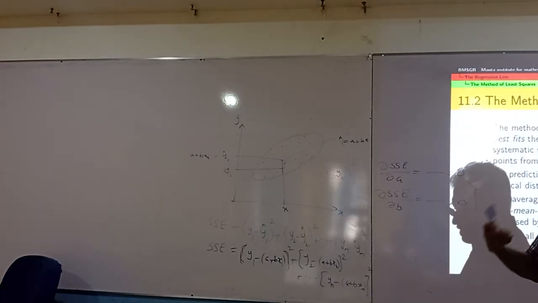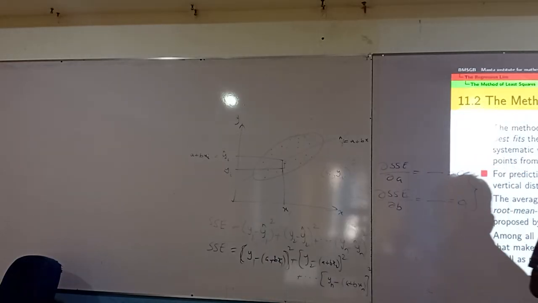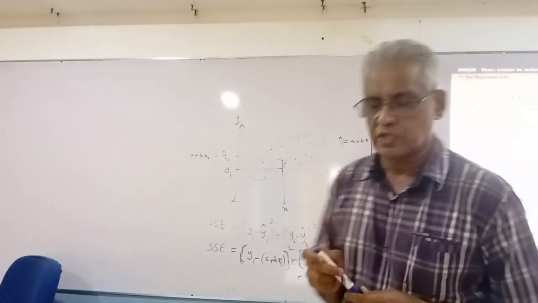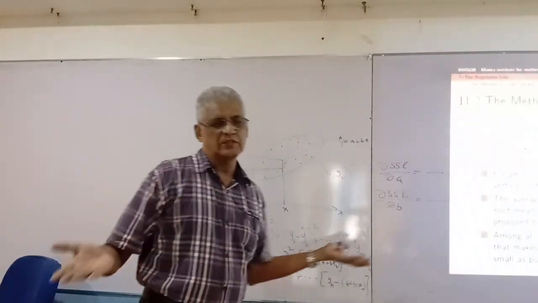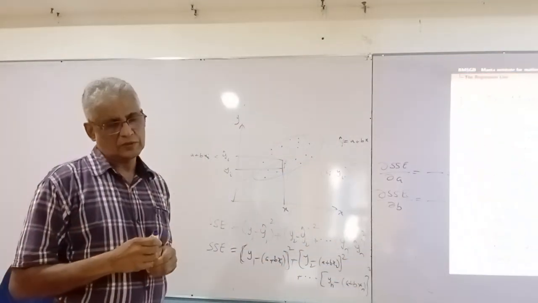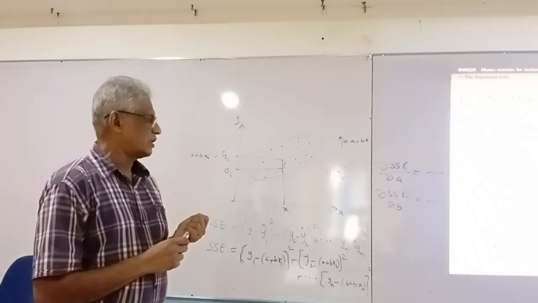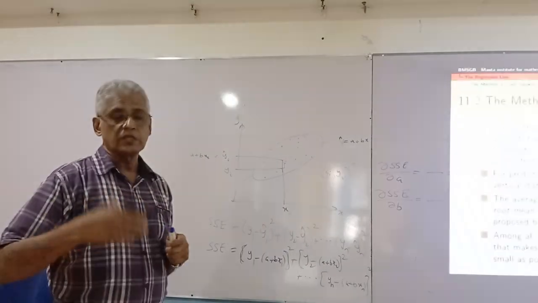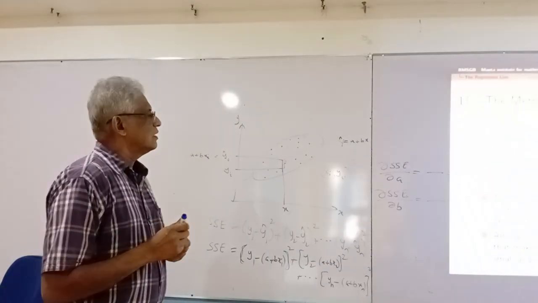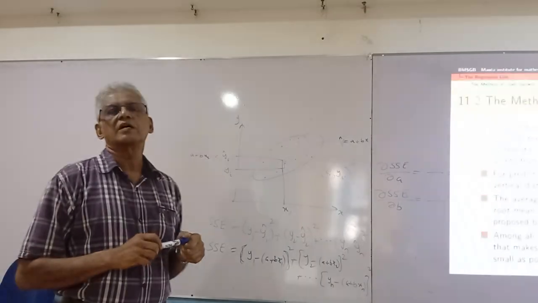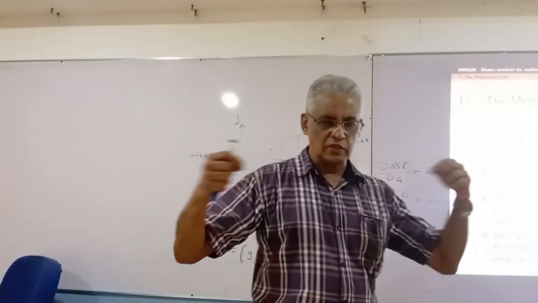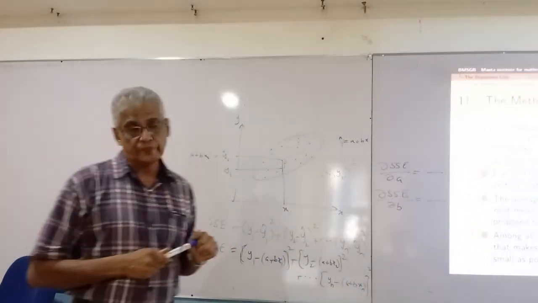So then usually we have to check the second derivative condition, right? Second derivative condition to check whether actually this is going to be a minimum. Theoretically we know that, but of course usually in a proof you have to check, right? The second derivative condition, and you can show that at that point actually SSE will be minimum, right?